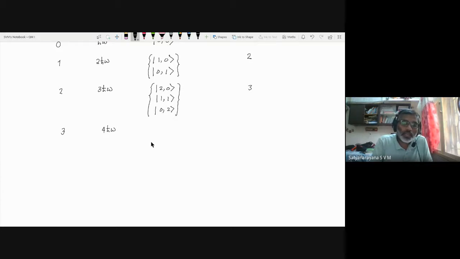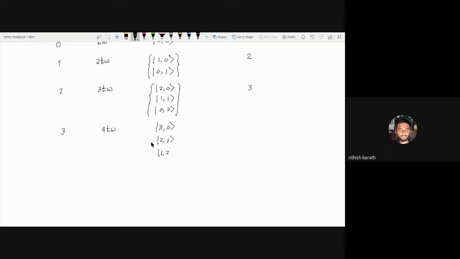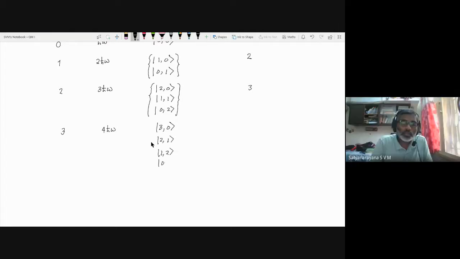That means you can have 3,0, or you can have 2,1, or 1,2, or 0,3. So there are 4 different states that give rise to the same energy. So the degeneracy of this state is 4.